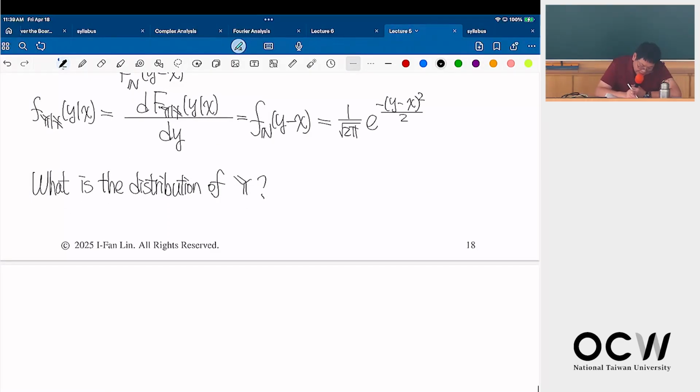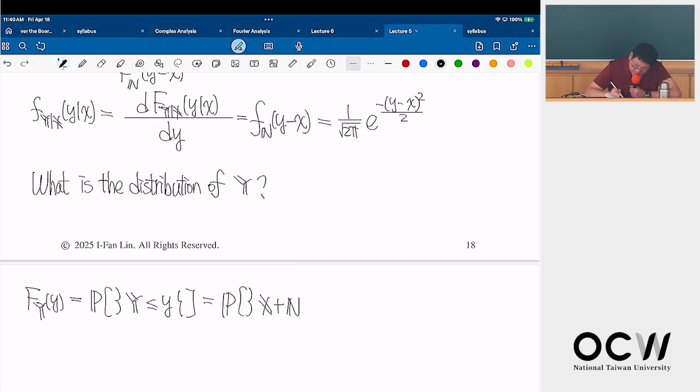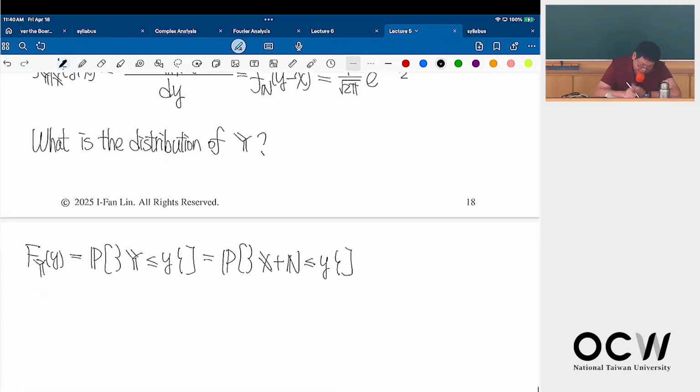Let's see the CDF of y, that is the probability of y less than some point. We know y is x plus n. And then we have these two terms. This is a function of two random variables.